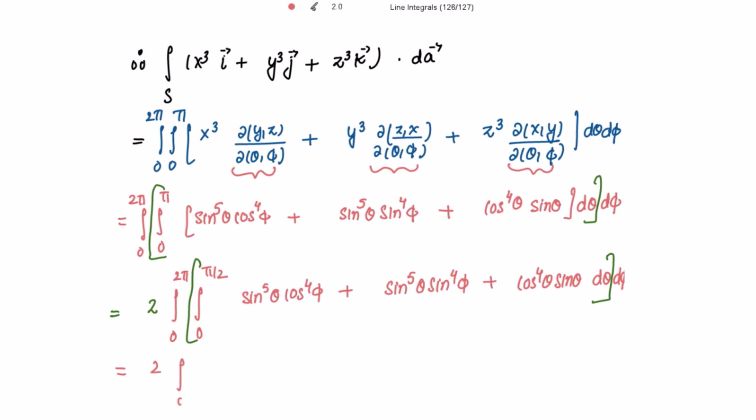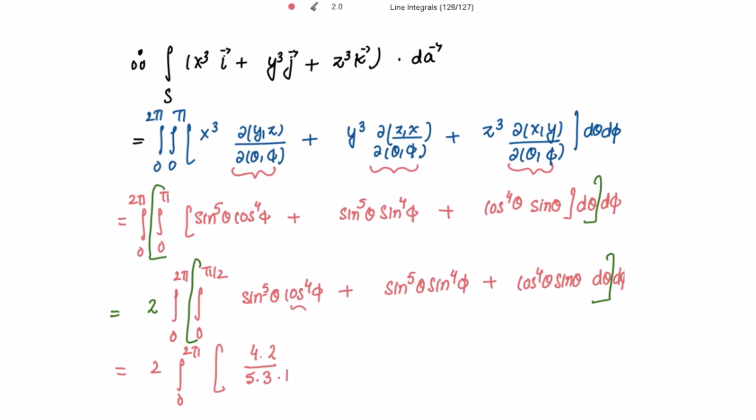Now I'm going to use the reduction formula. I'm having the power of sine theta as 5. So subtracting the odd numbers from this power: 5 minus 1 is 4, 5 minus 3 is 2, and 5 minus 5 is 0, not required. Divided by the power 5, and then subtracting the even numbers: 5 minus 2 is 3, 5 minus 4 is 1.